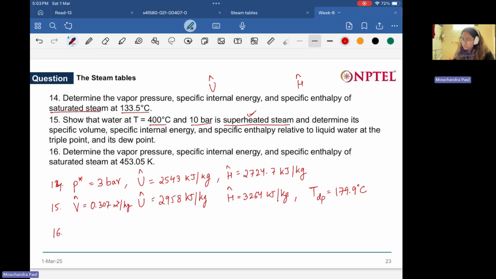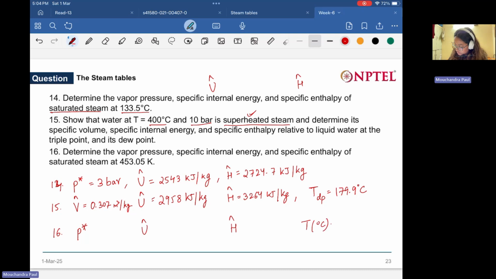Next question, question number 16. Determine the vapor pressure, specific internal energy, specific enthalpy of saturated steam at 453.05 Kelvin. So the temperature, first we have to convert to degree Celsius. All right.